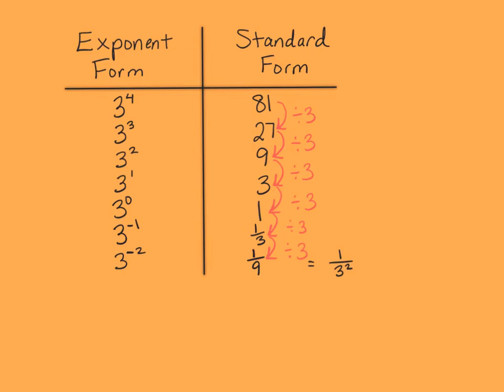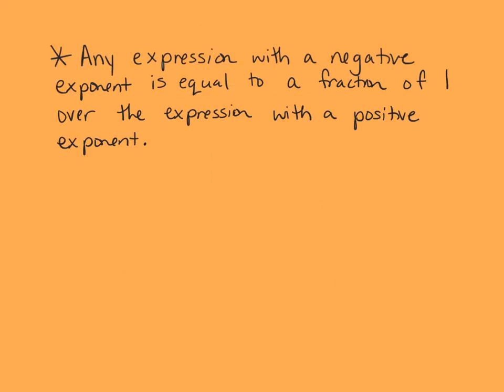So using this, we actually do have another rule when dealing with negative exponents, where we can write them like they are here in standard form with positive numbers, positive exponents. So as a rule, any expression with a negative exponent is equal to a fraction of 1 over the expression with a positive exponent.